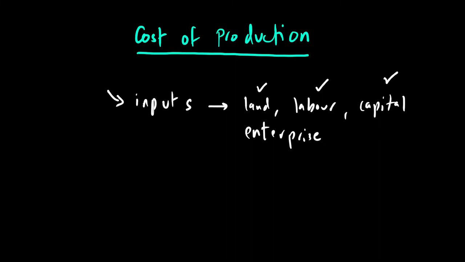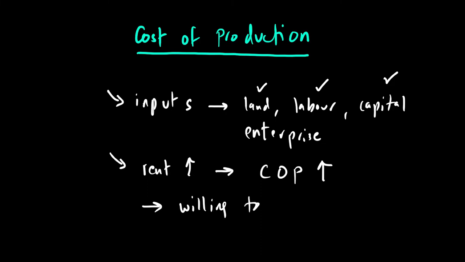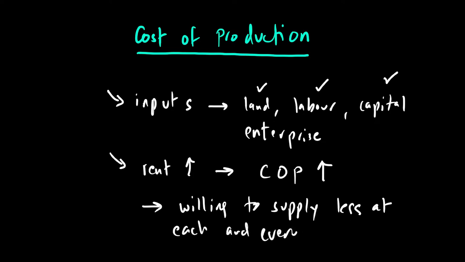So for example, let's assume that the rent goes up. A rise in rent would mean the cost of production will go up, and this rise in cost of production would mean firms are willing to supply less at each and every price.